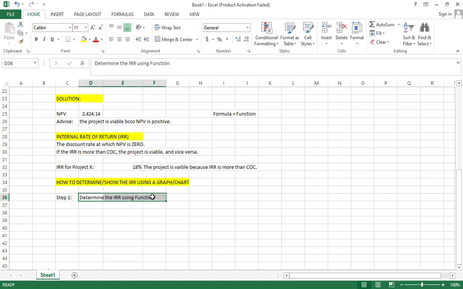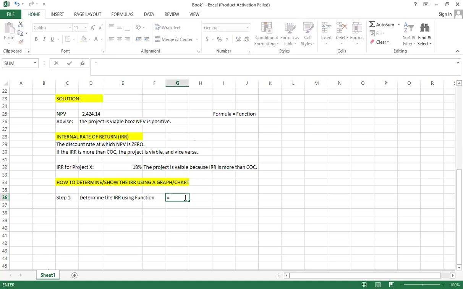Now, let's repeat calculating this internal rate of return. We can compute it here: you type equals IRR, and in brackets, you need values. The values are the cash flows.